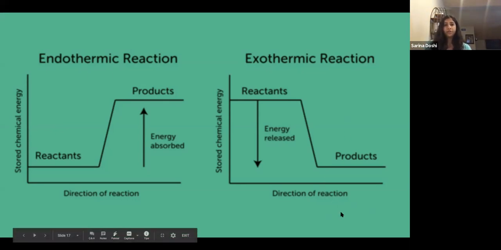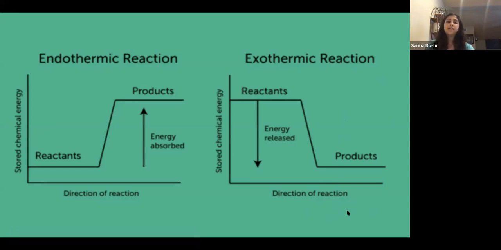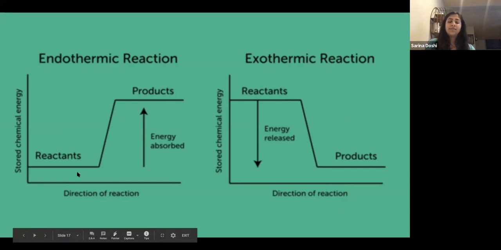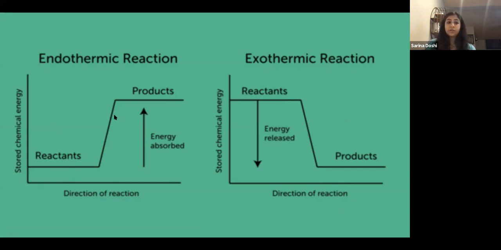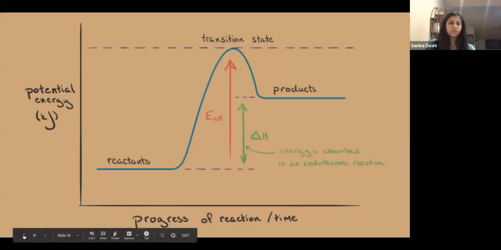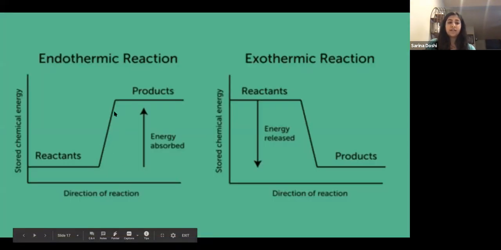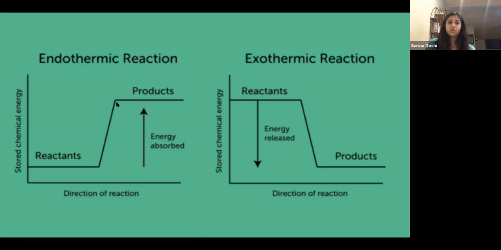For an endothermic reaction, we know that it requires energy from the outside. So your reactants will have a certain amount of energy within them, and then they will require this amount of energy to undergo the reaction, and the products will end up with more energy than before.